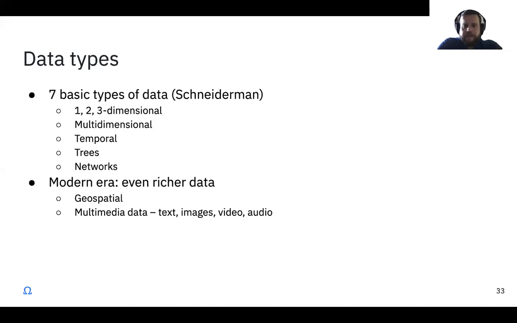So that means that you can have text corpora, image data sets, video data sets, or audio data sets, and you can have combinations of those. So for instance, you can have image and video data sets. The videos also include audio, and the images and videos are accompanied by, let's say, user comments. And you want to mine all of these in synergy. And there are even more types of data. So this list is non-exhaustive. Please bear this in mind.